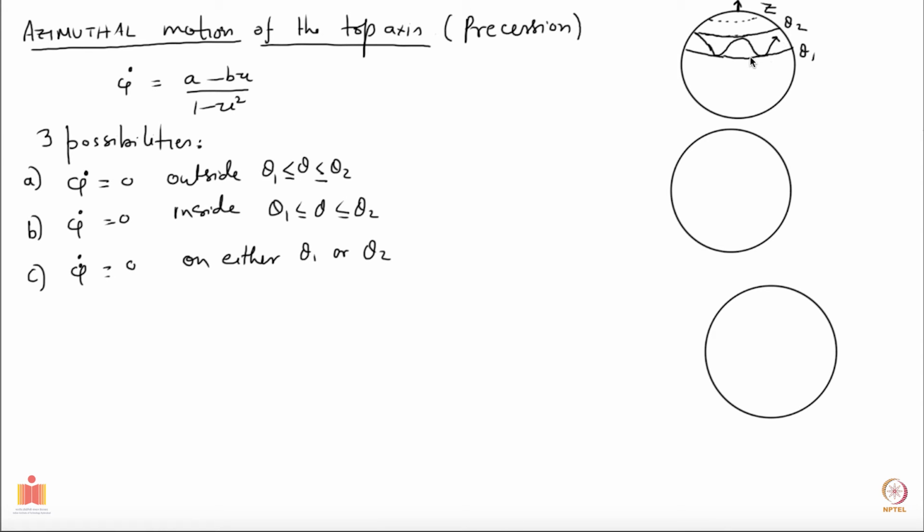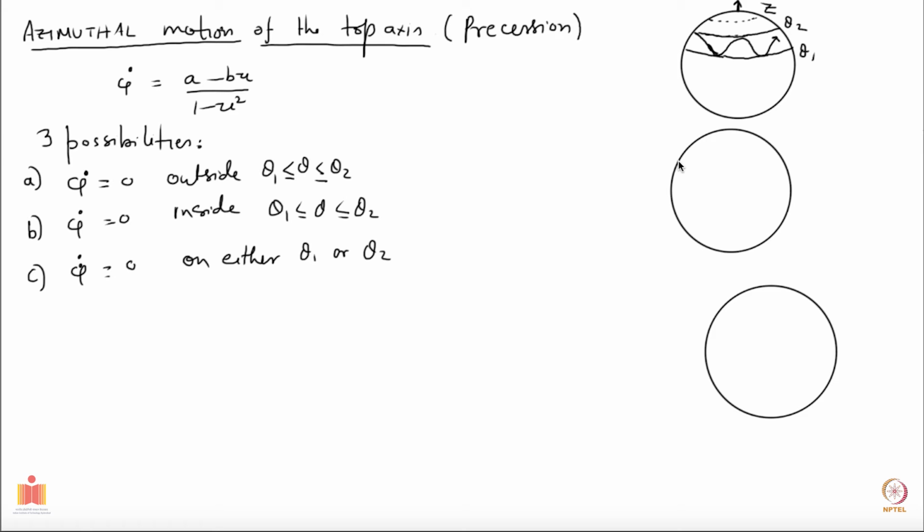It doesn't come out very nicely, but this is how the axis of the top will carve out a shape on this unit sphere. Now let's go to the second case where phi dot is 0 somewhere between this region.